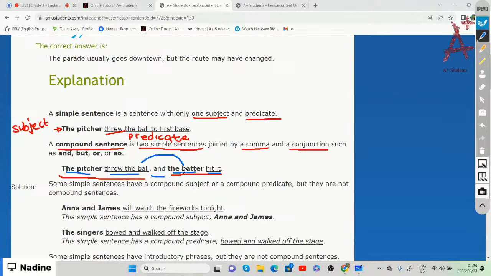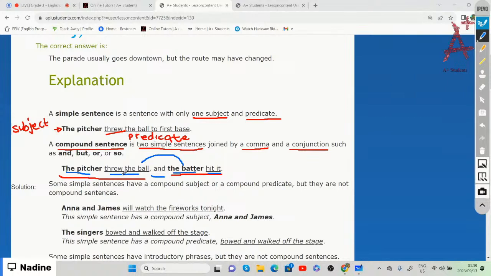And we see that these two sentences are joined by the conjunction, which is and. So: The pitcher threw the ball and the batter hit it.